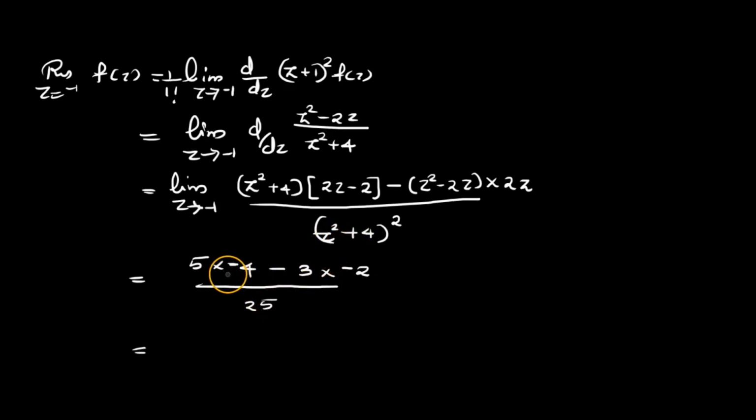So the answer is (−20 + 6)/25 = −14/25. This is the residue of f(z) at z = −1. Next, the residue at z = 2i.